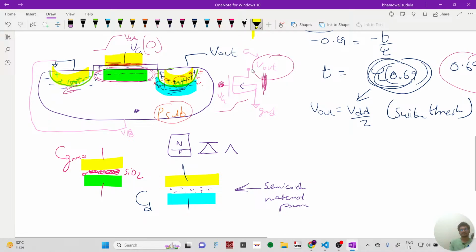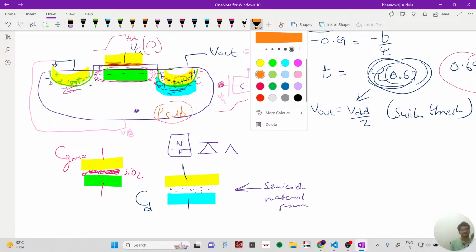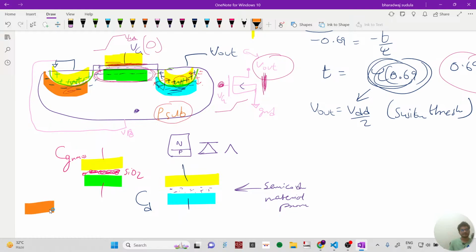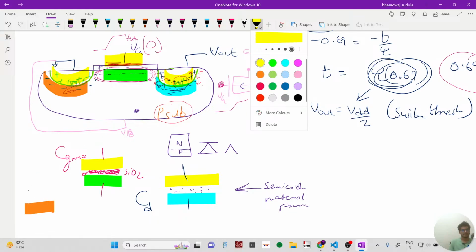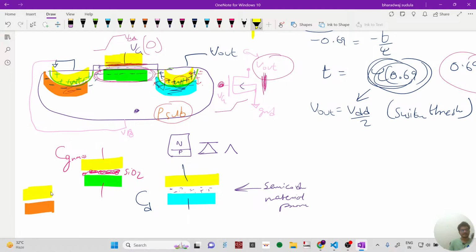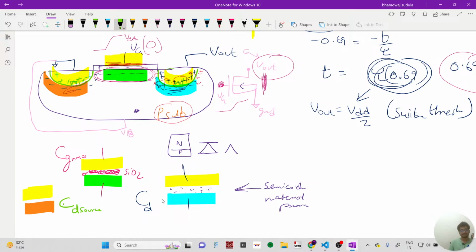Then this is also a capacitance, right? So this is what? This is diffusion cap, but on the source side, and this is diffusion cap on the drain side.